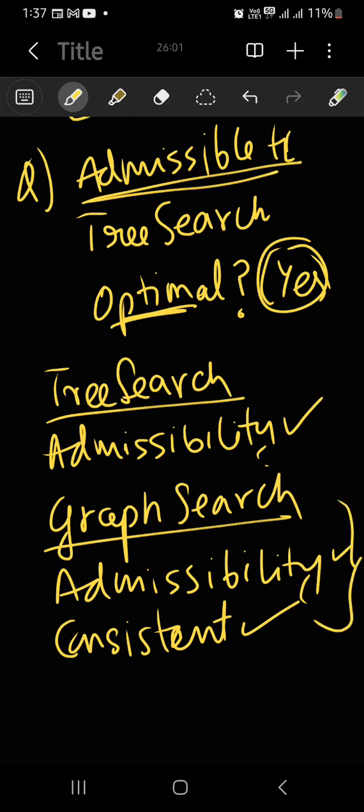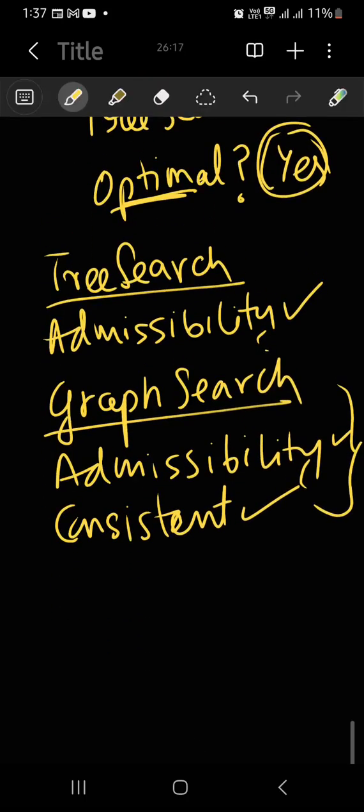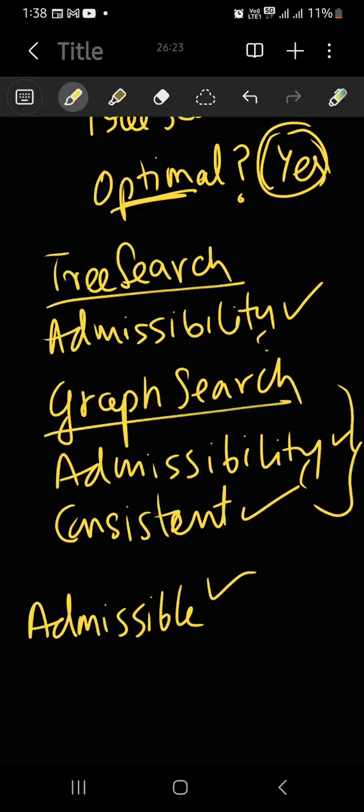So that's what it is. Consistency is also required. Now there is one thing you need to understand: if something is admissible, then it might or might not be consistent.